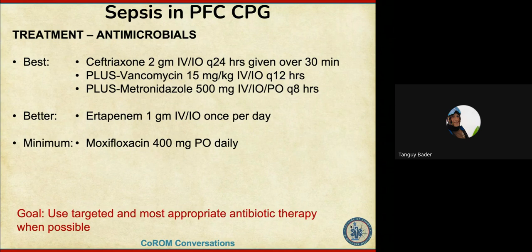I'm just talking about the fact that evidence shows that every hour of septic shock without antibiotics has an increase of 11% mortality potential. And there is always going to be, especially if we're in a remote setting, that argument as to how are we going to be able to tailor those if we don't know what the thing is that we're treating because you've already killed it. But I don't know.